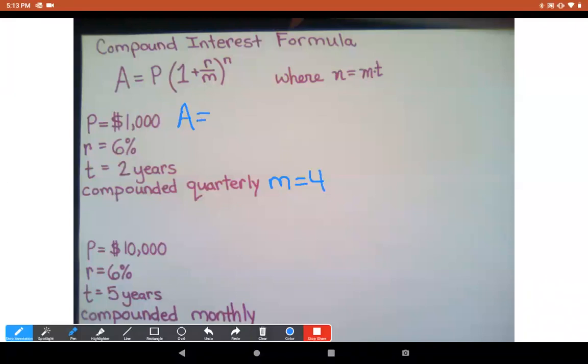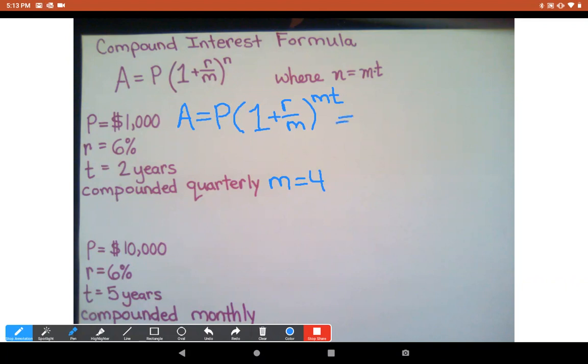So our problem becomes A equals P times 1 plus R over M raised to the power MT. You can use the exponent n, or you can use what n represents.